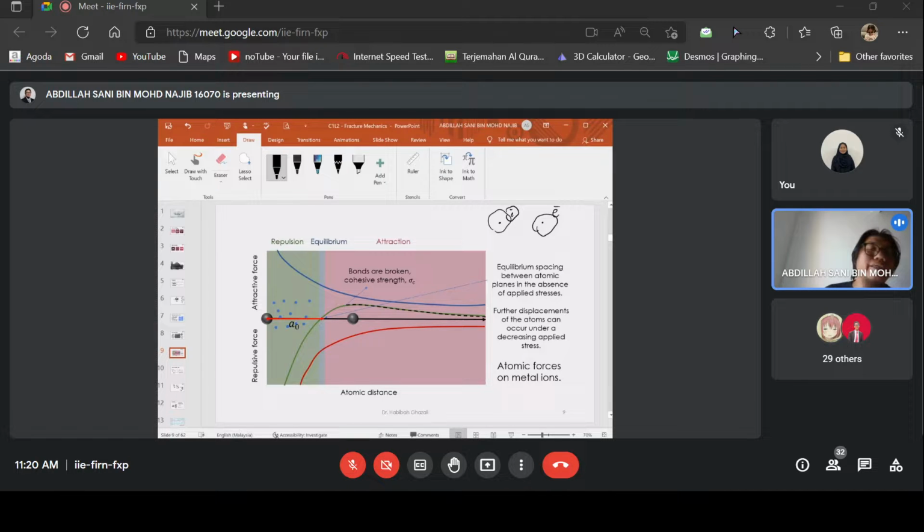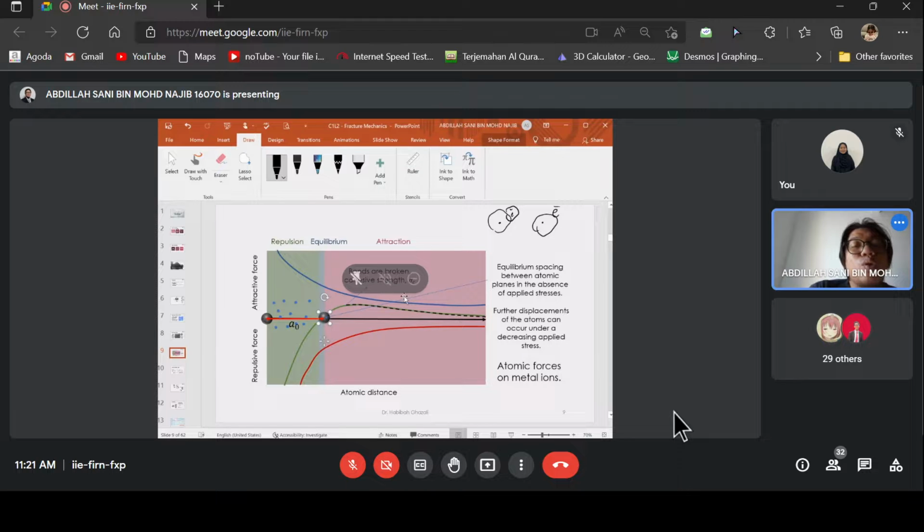They are attracted, but at the same time they repulse. So what happened is that at a certain distance, the atoms reach what you call an equilibrium state, meaning that the amount of attraction and the amount of repulsion is the same.